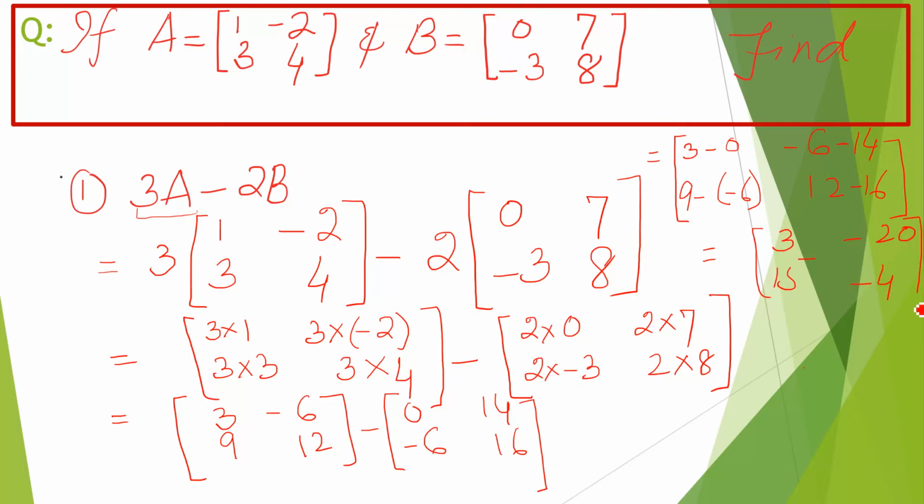See again, one more time, this is the answer of 3A minus 2B. I will show you that minus 16 and this is positive 12. If there is no sign, it means this is positive. Plus minus minus, yes, you have to subtract, but you have to use the sign of whichever is greater.